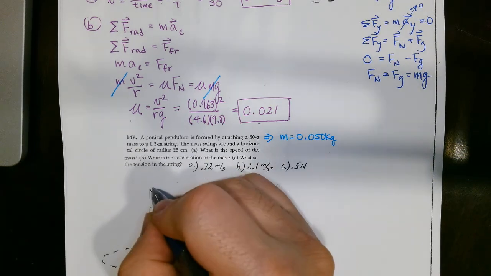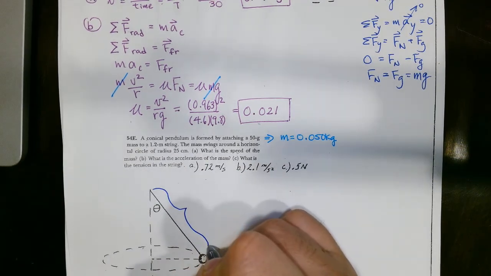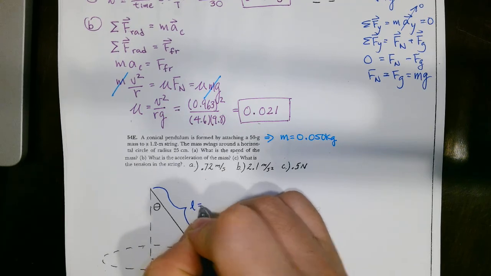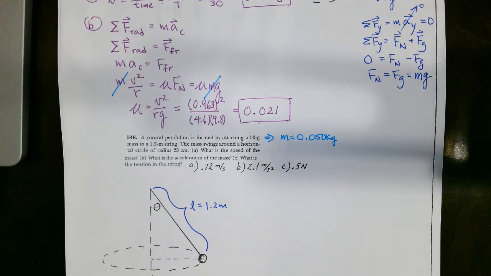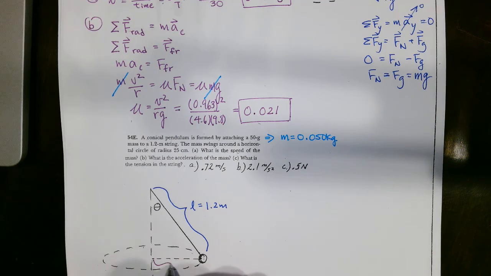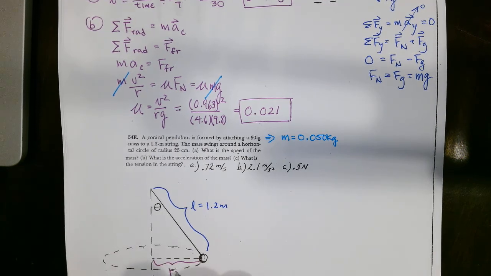So this length of this string right here is equal to 1.2 meters. The mass swings around a horizontal circle with a radius of 25 centimeters. So this radius here, r, is equal to 0.25 meters.